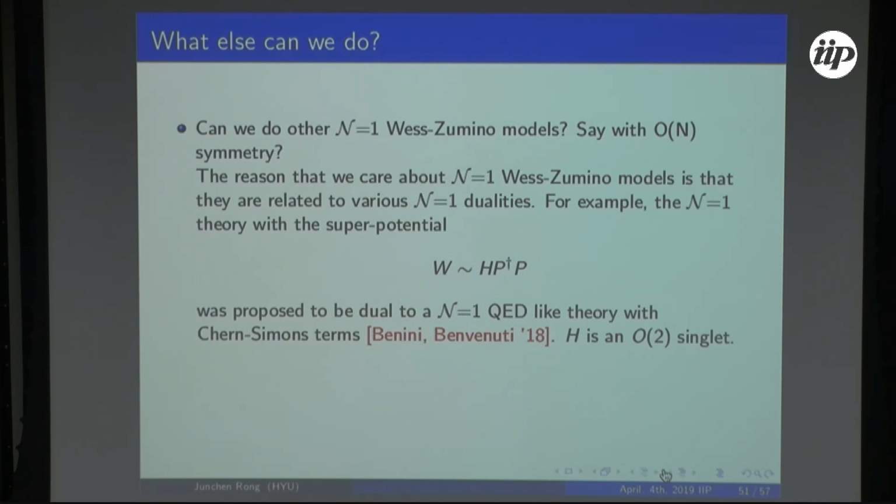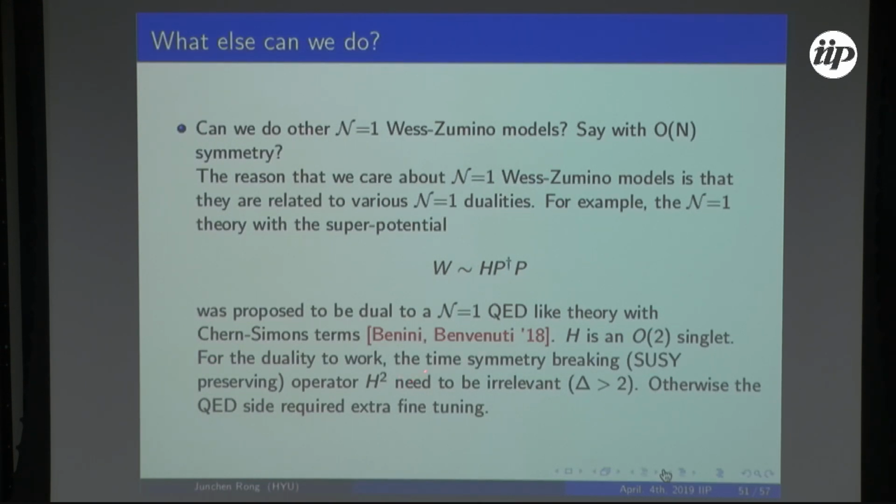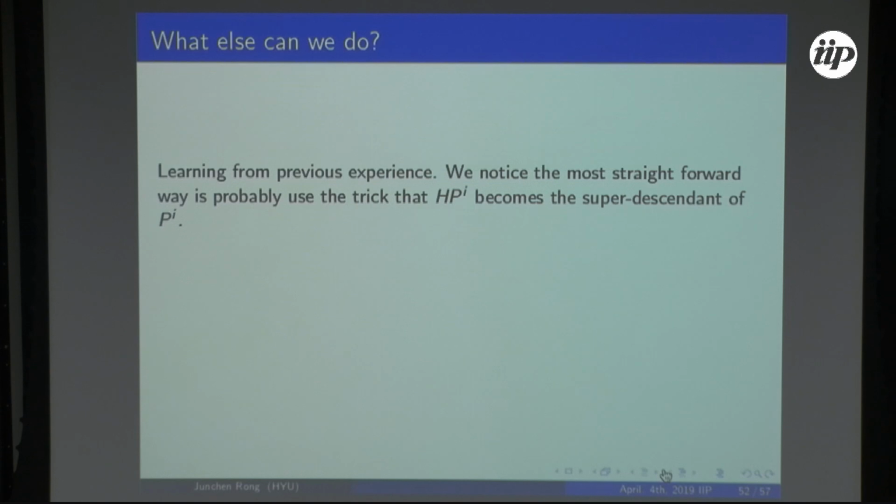So this means that for the duality to work, the time reversal symmetry breaking operator H square, remember I'm talking about superpotential terms, so H square is actually time reversal symmetry breaking, H cube is preserving time reversal symmetry, needs to be irrelevant, meaning that its dimension needs to be bigger than 2, because otherwise on the QED side the flow would just go away from the fixed point.